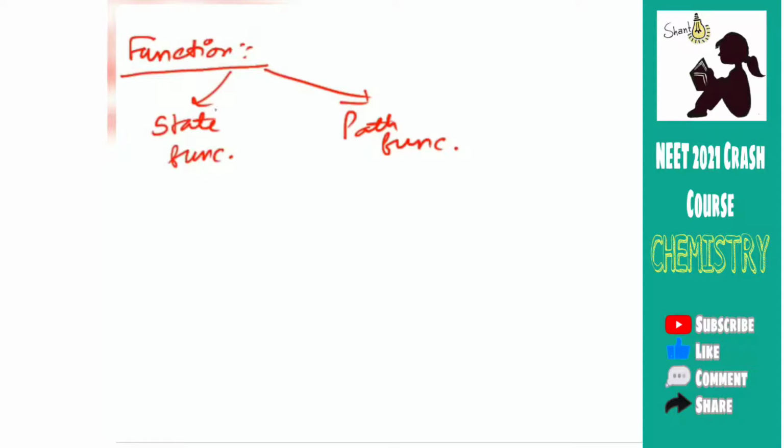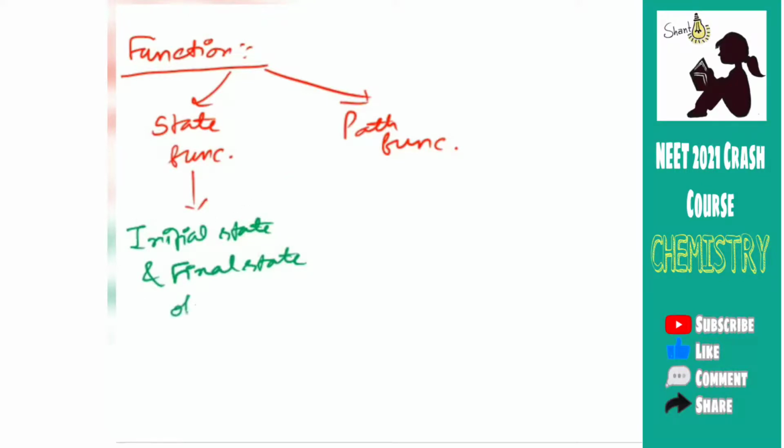State function only depends upon the initial state and final state of the system, not on the path through which the final state of the system is achieved.